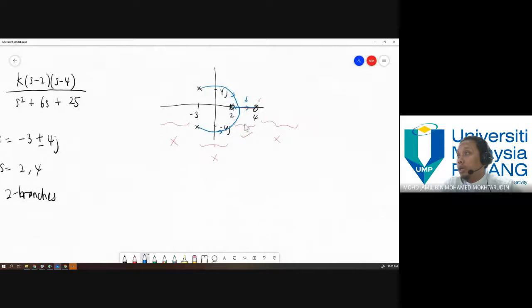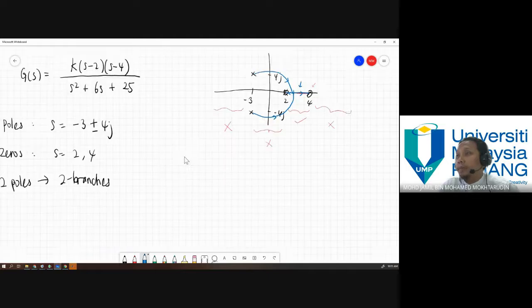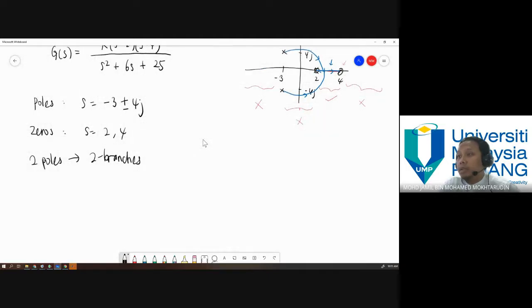Here, because we only have one breaking point, we don't have an asymptote. But later, if you calculate the asymptote, for example sigma A, the number of poles minus the number of zeros is equal, so you will get something divided by 0, which is infinity.